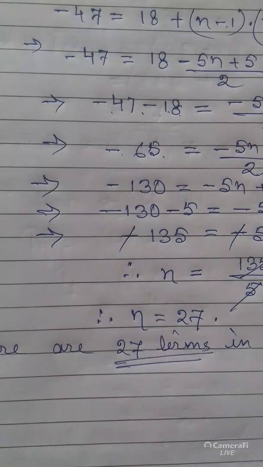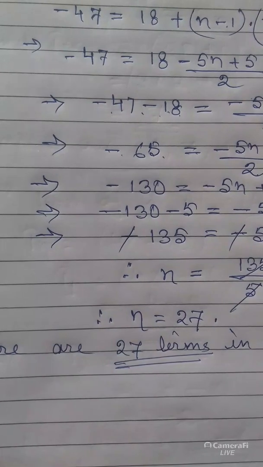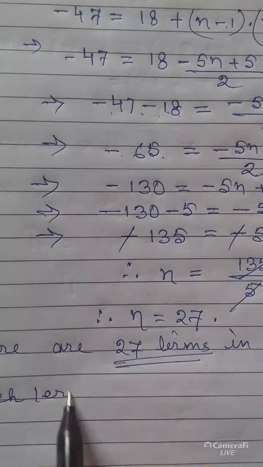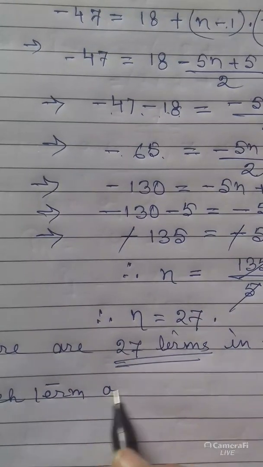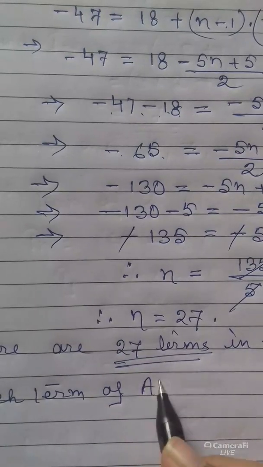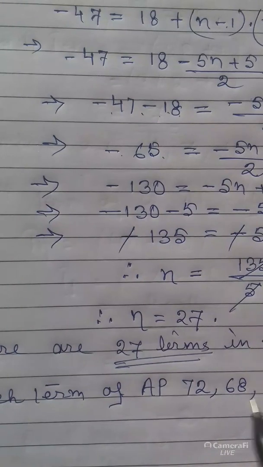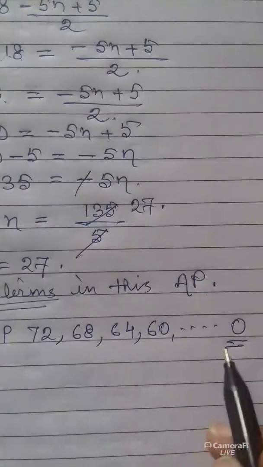Now question 11. Which term of the AP 72, 68, 64, 60 is 0? Which term of the AP 72, 68, 64, 60 up to 0 means 0 is the nth term.